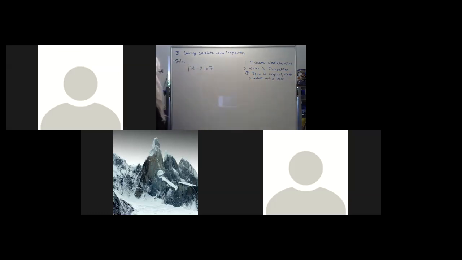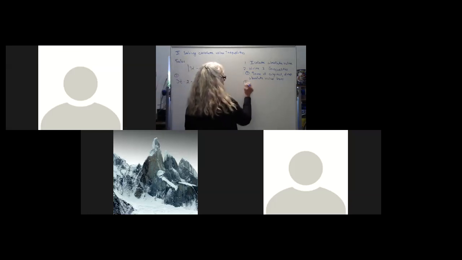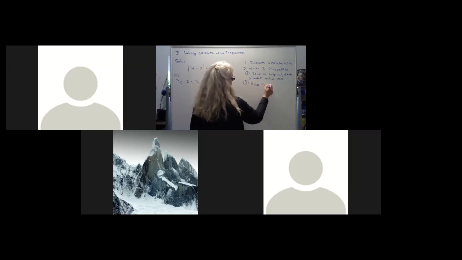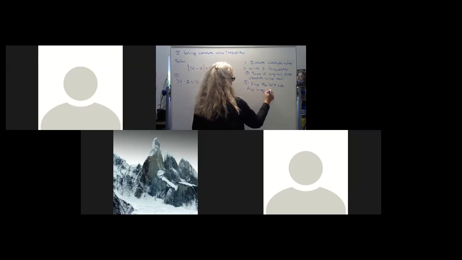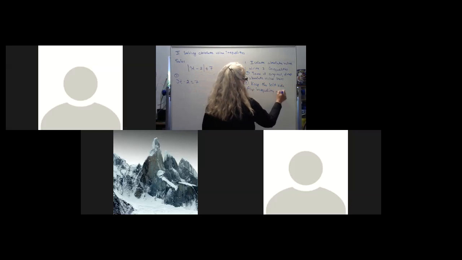So for us, and again, I will number it, our first inequality is just going to be 3t minus 2 is less than or equal to 7. So it's the same as the original, all we did is leave off those bars. The second inequality is where it gets a little bit different. You're going to keep the left side, just like we did last time. This time we need to flip the inequality and change the sign on the right.